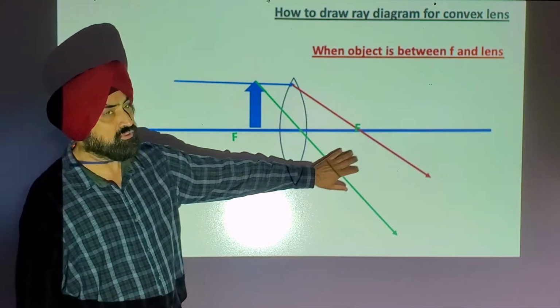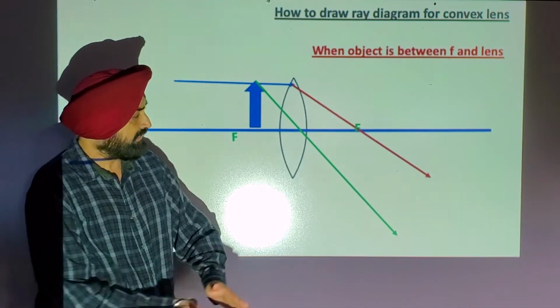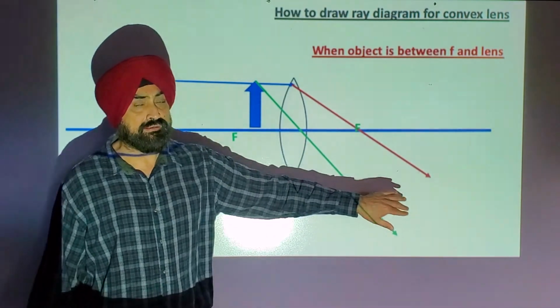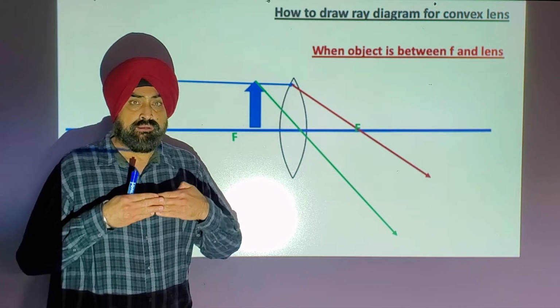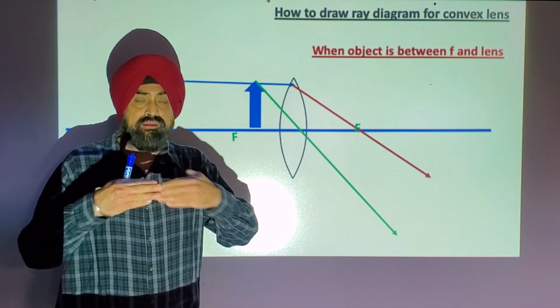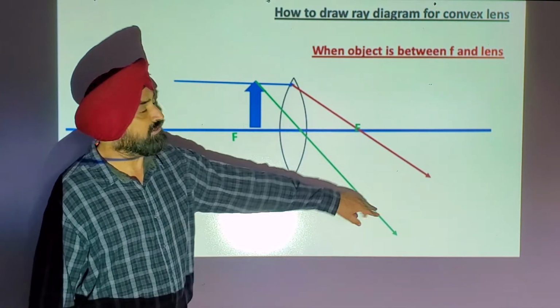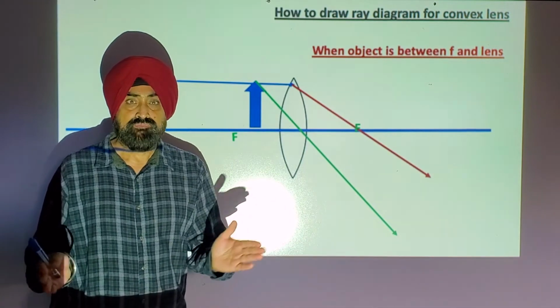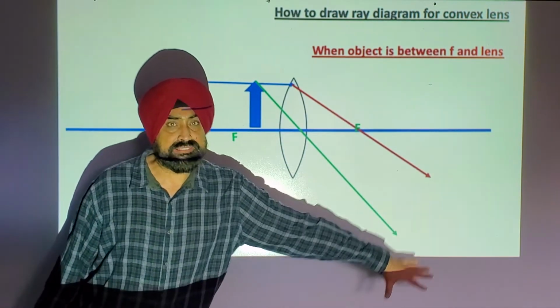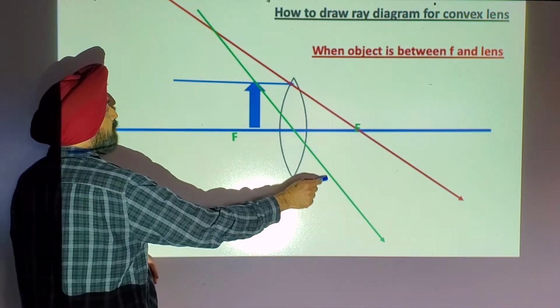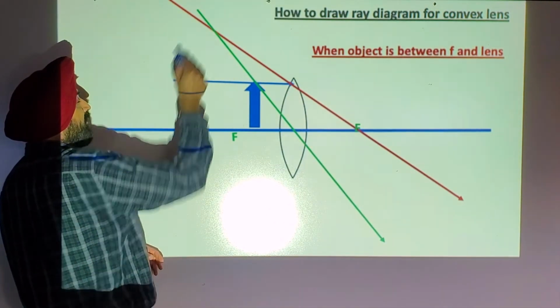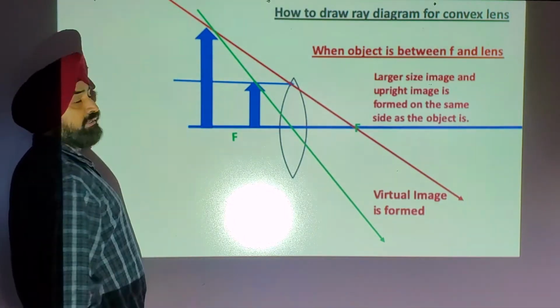Now see, these two rays are not meeting and they are diverging. When the object was at the focal point, both refracted rays were parallel, but here they are diverging away. So they are not meeting on this side, but if we back produce both, they meet here. So the image will be formed here.